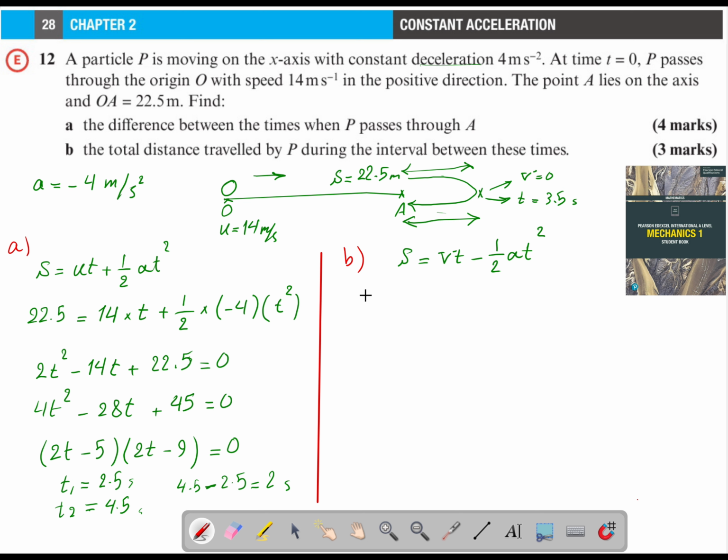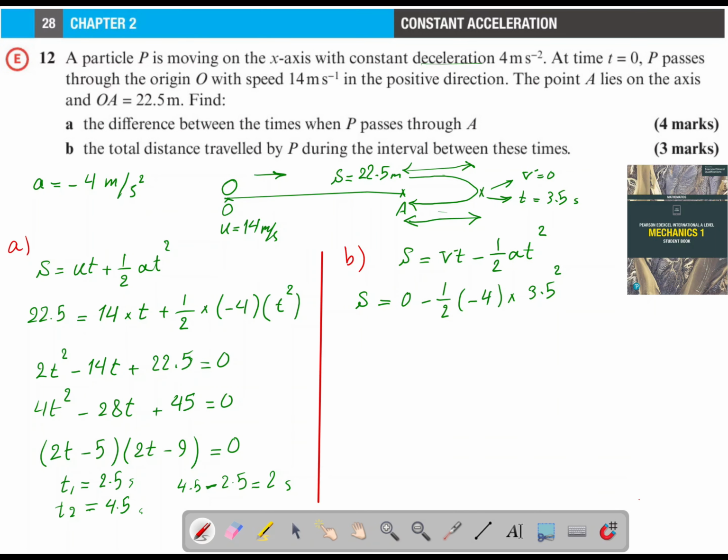Okay, let's do that. S, the displacement of this point, it means from O until this point, will be, velocity here is 0, minus 1 over 2. Since it is constant acceleration, it will be minus 4 multiplied by t power 2, 3.5 over 2.